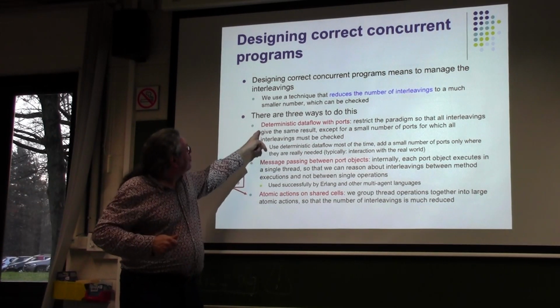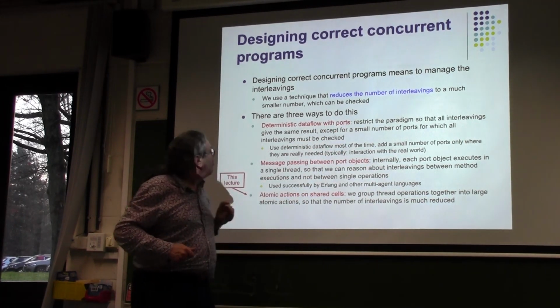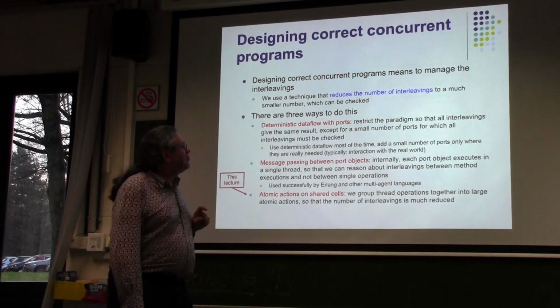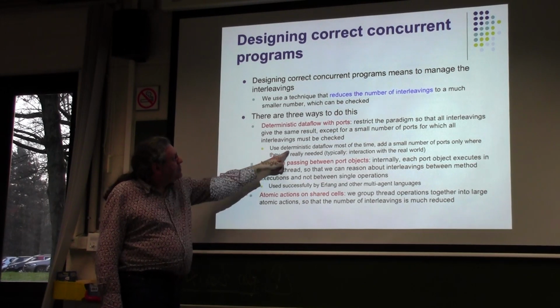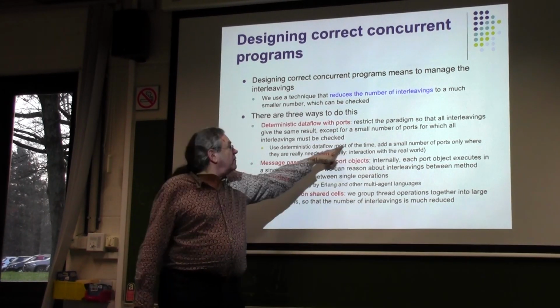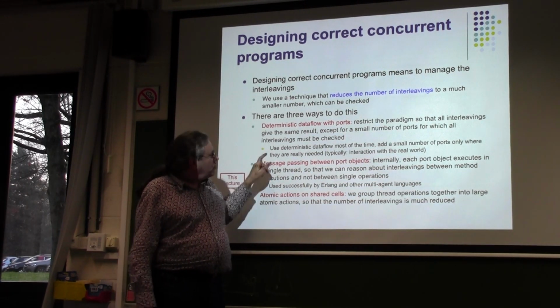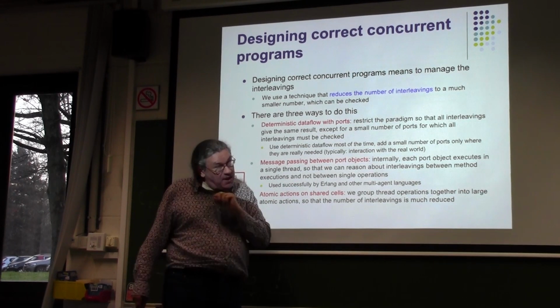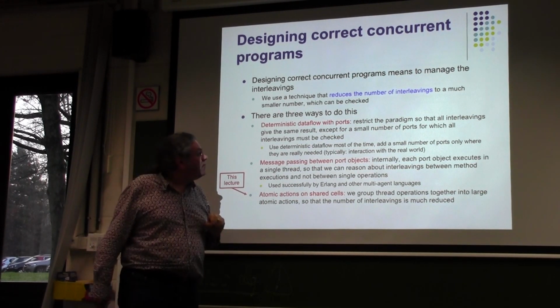But you cannot do it for the whole program, so you need to add a small number of ports. And for those, you have to check the interleavings. So you use deterministic data flow most of the time, so no interleavings. They're all the same. And for the ports, you have to check the interleavings. But usually the number of ports is very small, so there are very few interleavings.